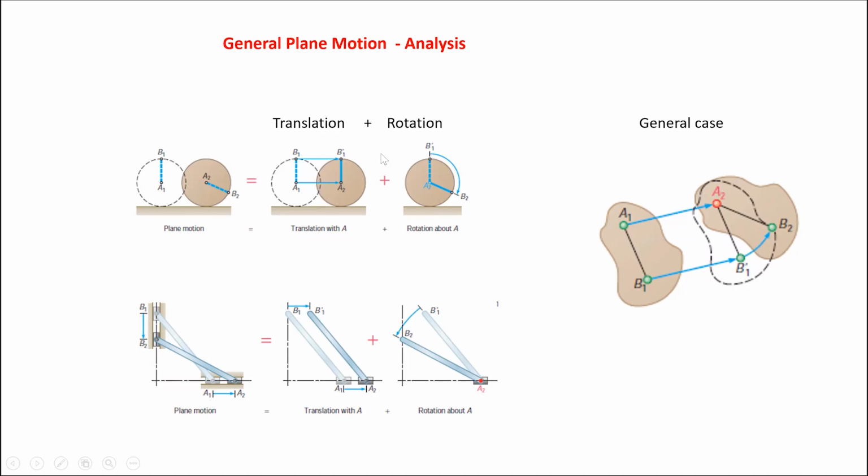And so this can be construed as a pure translation. Assume that the whole disk is sliding, forget about the friction and so on, just sliding from this position to this position without any change in the orientation. So A1, B1 remain parallel to A2, B1 prime. You very well see, since the orientation is not changing, it's a pure translation.